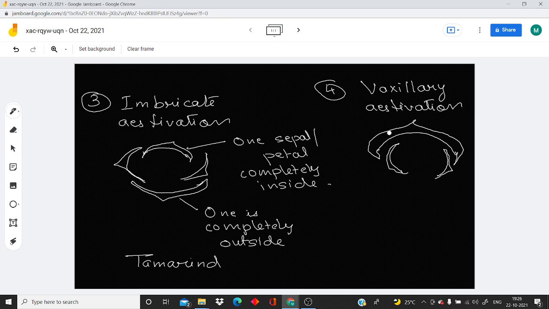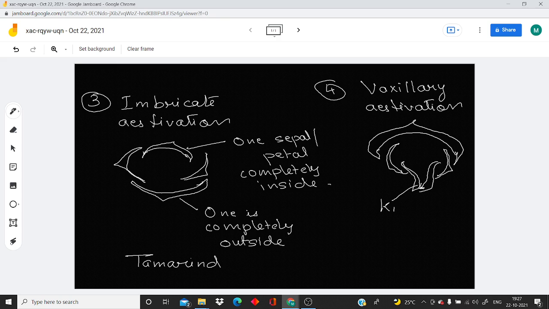Okay, and it will be completely covering, that means it will be outside, and there will be two which will be fused. Here are two, you can see. These are two which are fused, and then inside, it is going inside and it is small.